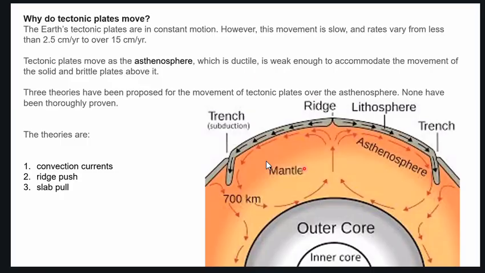So now, what do you understand by the plates moving? I've already explained that, but I'll still go into it. These plates are in constant motion. As we are right now, our plate is moving. The movement is slow, okay? That's why we don't notice it. Less than 2.5 centimeters per year to about 15 centimeters per year.